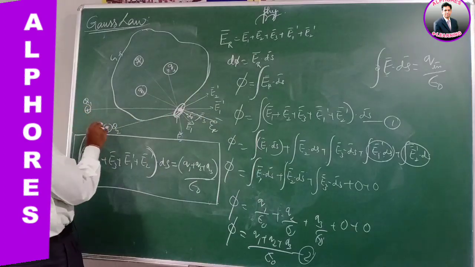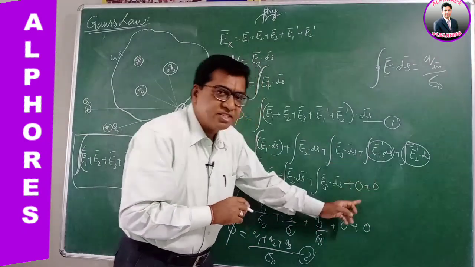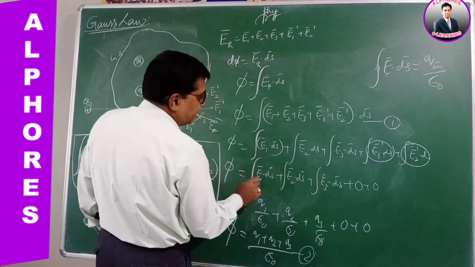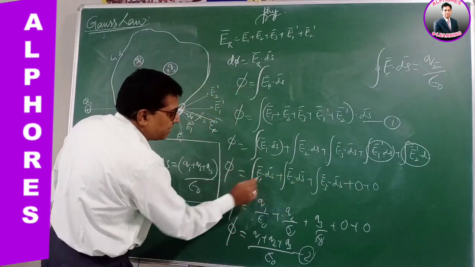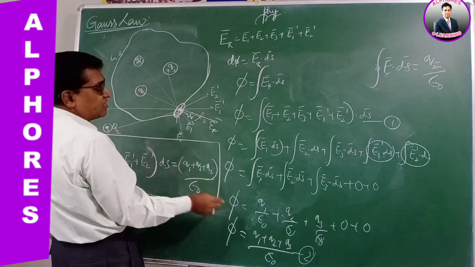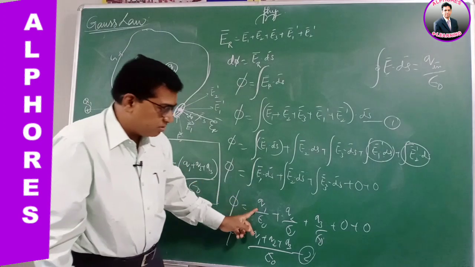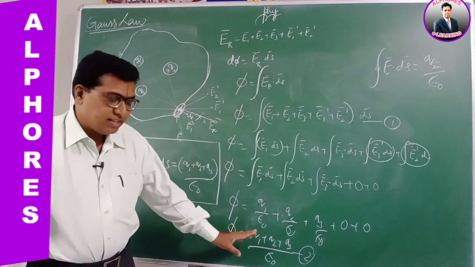But capital Q1 and capital Q2 are outside the Gaussian surface, so the flux due to them is 0. Therefore the total flux is integral E1 dot ds plus E2 dot ds plus E3 dot ds plus 0. According to Gauss law, due to the first charge it is Q1 by epsilon naught, second charge Q2 by epsilon naught, third one Q3 by epsilon naught. Adding all, it is like this.